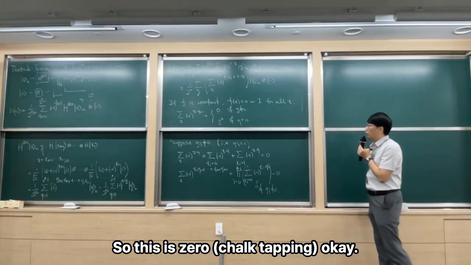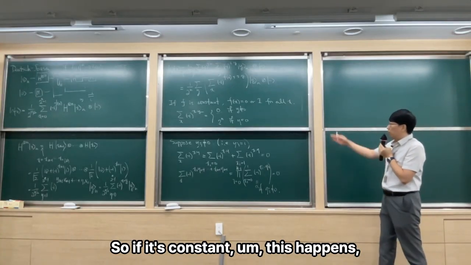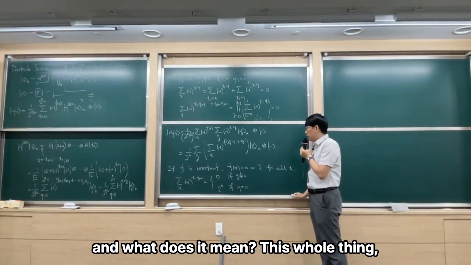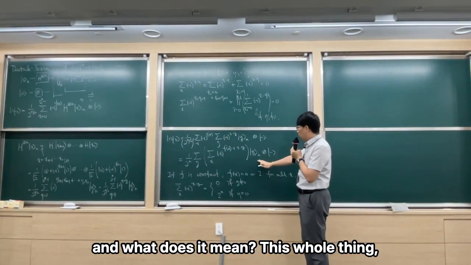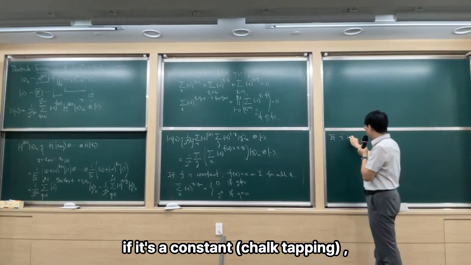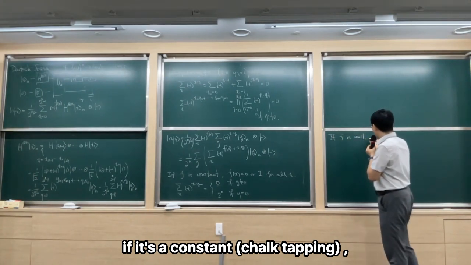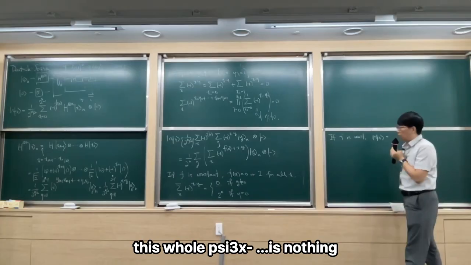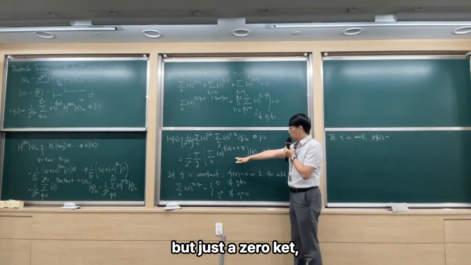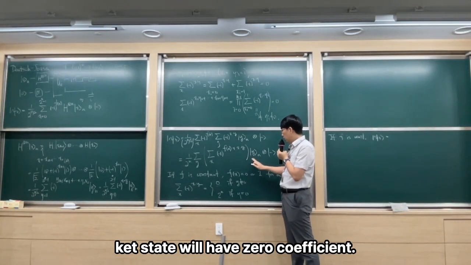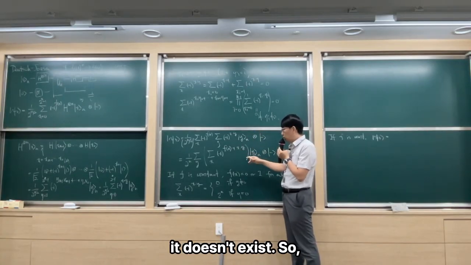Okay. So if f is constant, this happens. And what does it mean? This whole thing, if it's constant, this whole psi 3 is nothing but just the 0 ket, because every other ket state will have 0 coefficient. It means it vanishes, it doesn't exist.